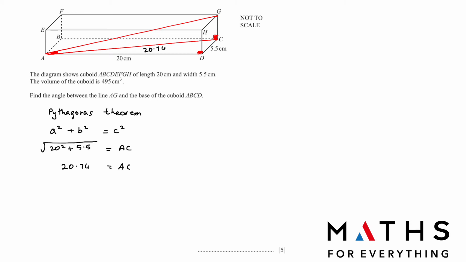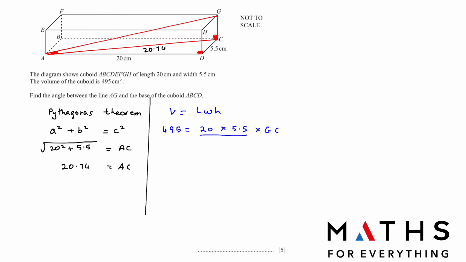Now we need to find GC. GC is the height of the volume. Volume can be found using the formula length times width times height. Volume is 495, length is 20, width is 5.5, and the height is GC.